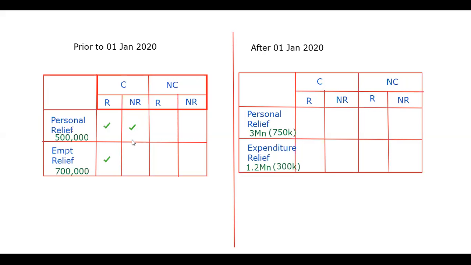And then will they get employment relief? No, they will not get employment relief because they are non-resident. The non-resident, whatever income they earn, is subject to the personal relief.